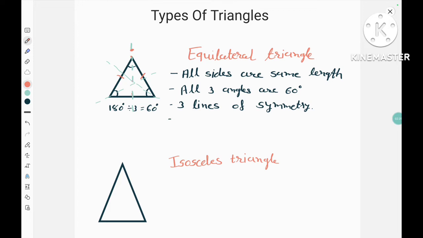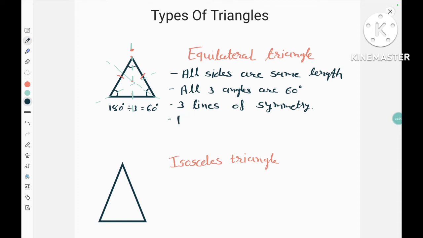Until it comes back to the starting point, the number of times it looks the same as the beginning position is called the rotational symmetry. So an equilateral triangle has rotational symmetry of order 3.